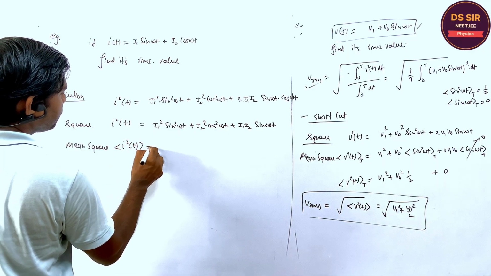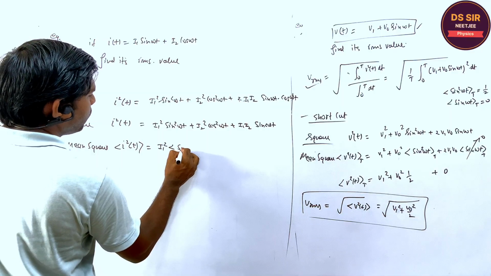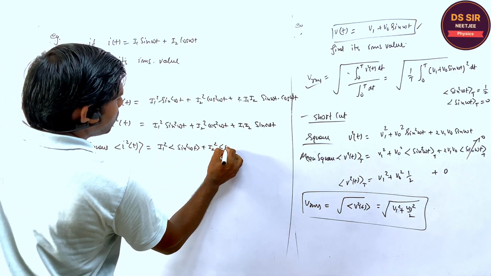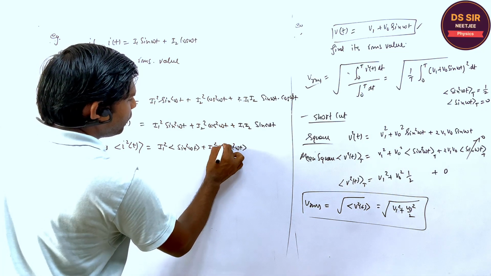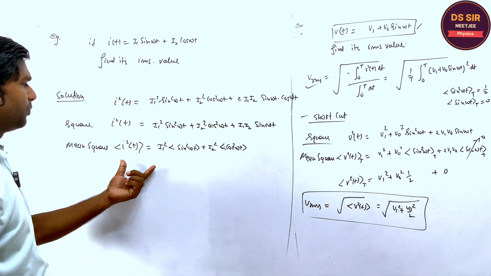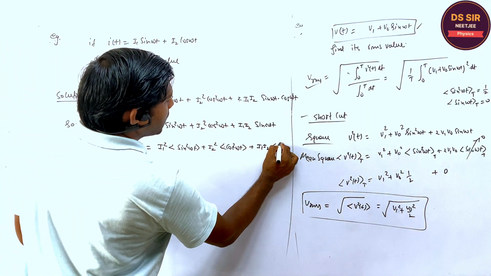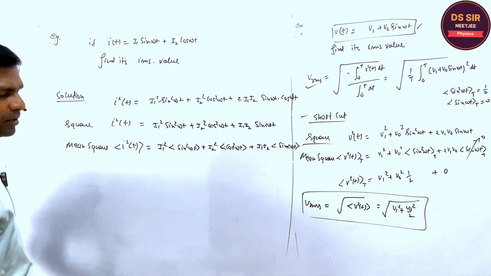Its mean only. So if you take the mean, what will you have? Although you can write it in the first line only, I am doing the solution, that is why I have to do this. Otherwise, in the above line only, you need not write this line, right?